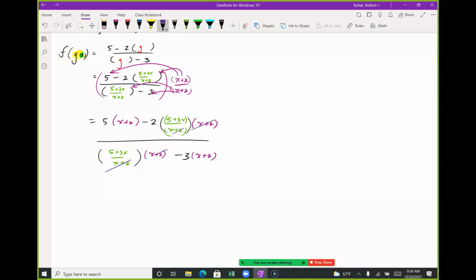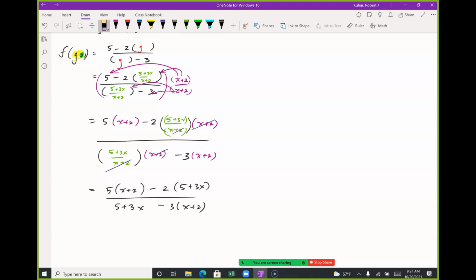So I know these are canceling here, and I'm trying to take my time. So I get 5 times x plus 2 minus 2 times the 5 plus 3x. That's my numerator now. Downstairs I have 5 plus 3x, oops, minus 3 times x plus 2.